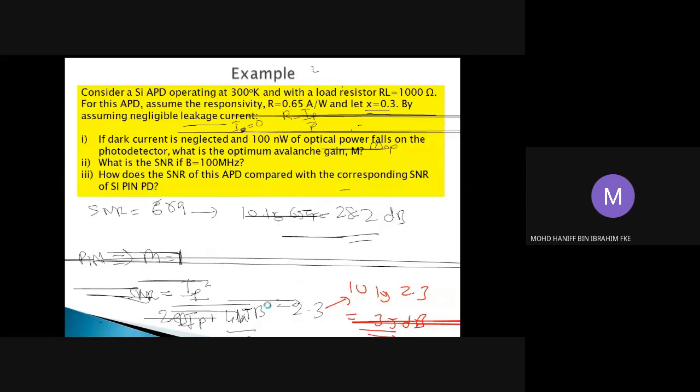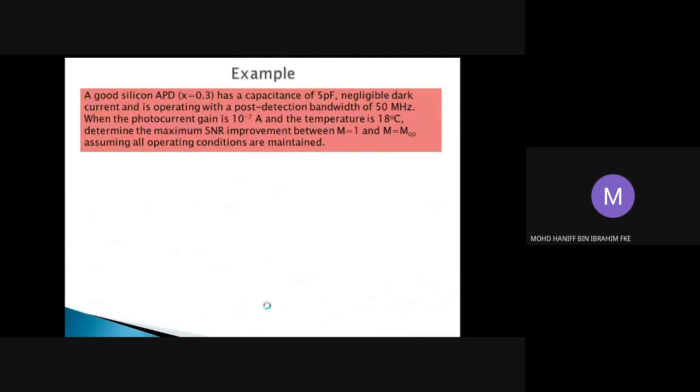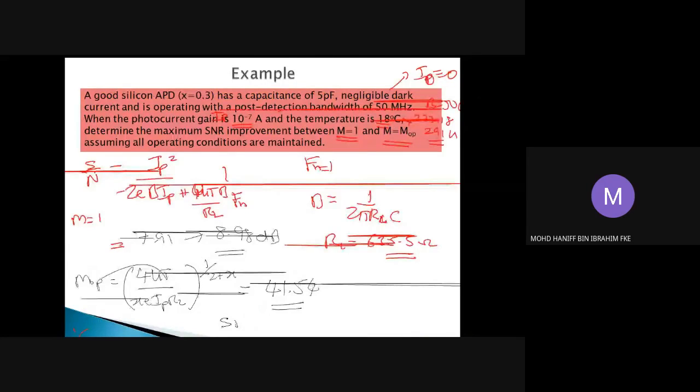For this particular case of SNR for the optimum M, the value shall be equal to 1.78 times 10 power of 3, and in dB, it is equal to 32.50 dB.